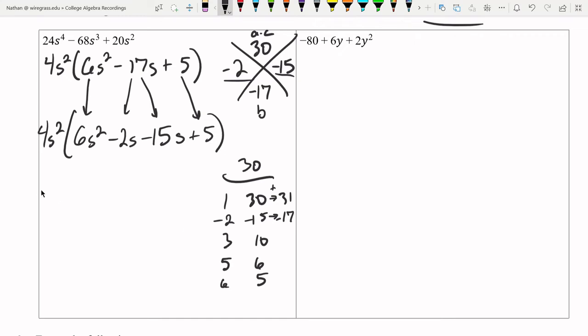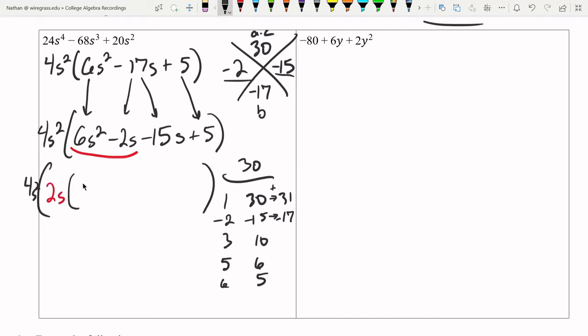Okay, now, let me write this 4s squared off to the side here. Now I'm going to do what's called factoring by grouping. I'm going to look at the first two terms and ask, what's the greatest common factor? What can I take out? So the greatest common factor out of the first two terms is 2s.